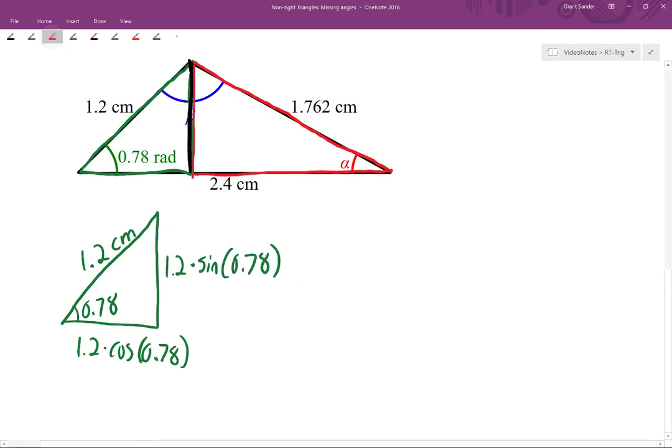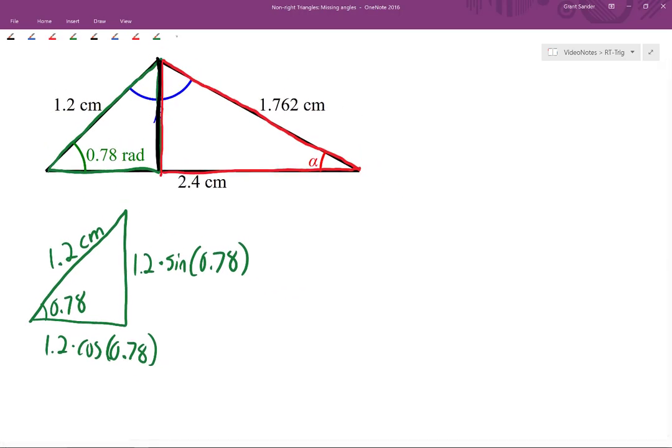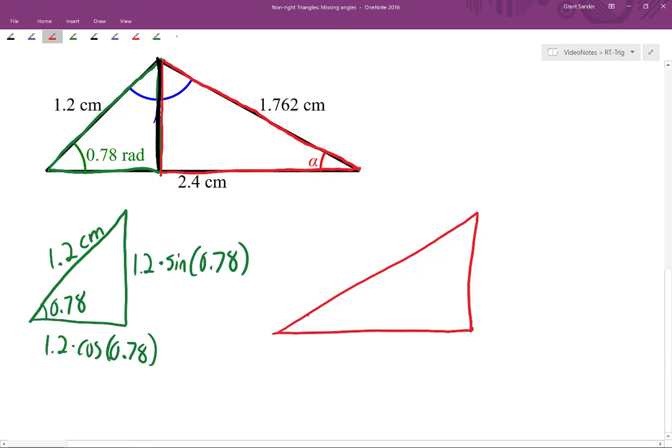And then we can also draw this red right-hand side right triangle. I'm going to reorient this and put it in standard orientation. We'll draw it like that. This measure right here is alpha. We have a hypotenuse that is 1.762 centimeters long. And from the original diagram, we're not given any information about the horizontal side length or the vertical side length.